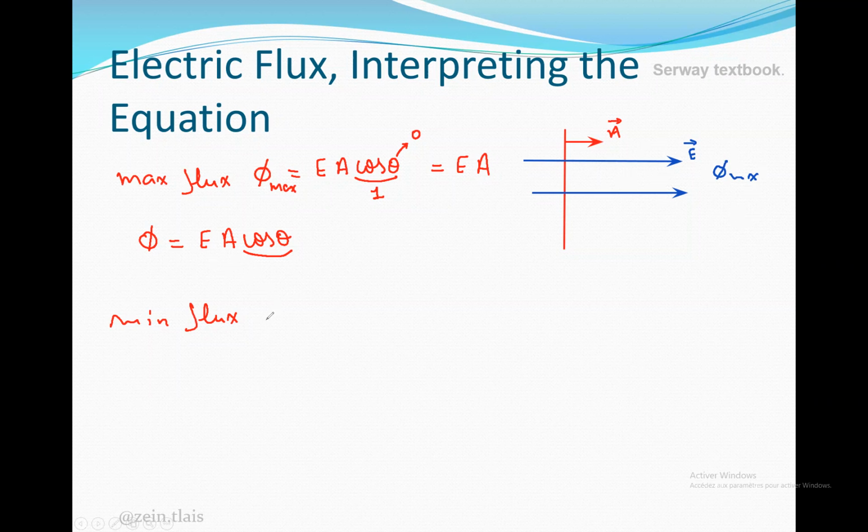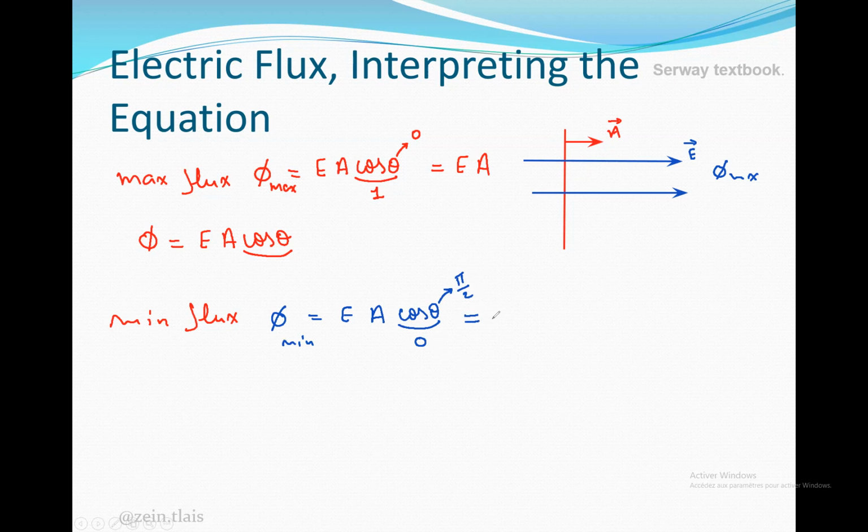And the minimum flux is when cosine theta is equal to 0, when theta equals pi over 2, 90 degrees.